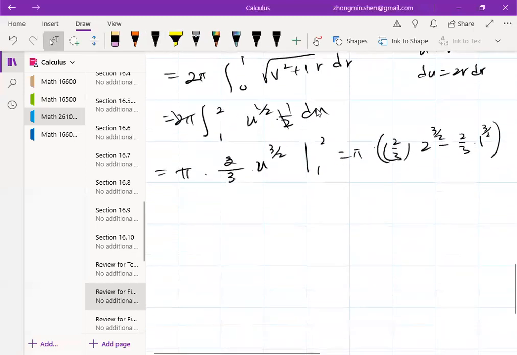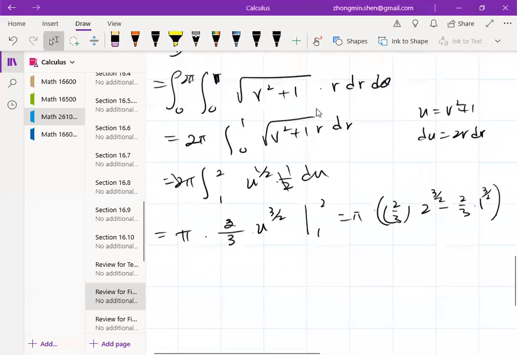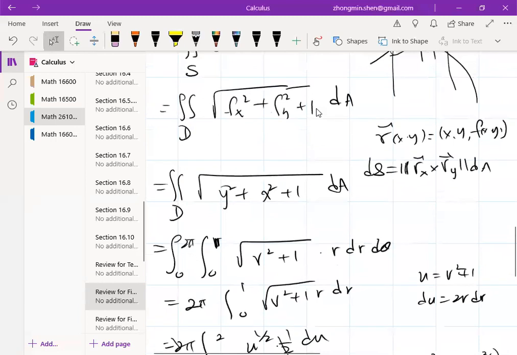All right, but we do need to know the formula, the parameterization. Using parameterization to find the ds.